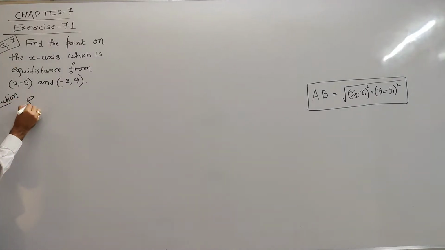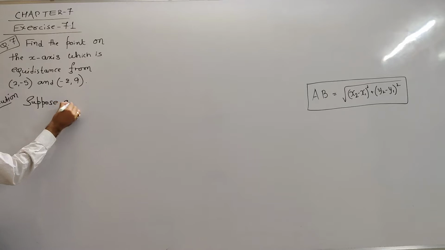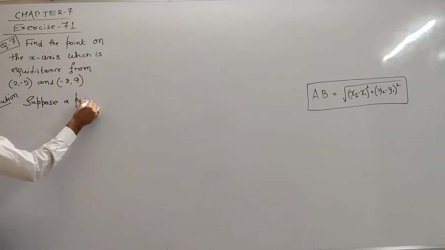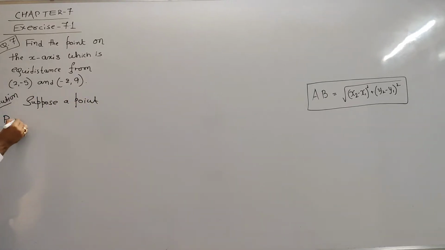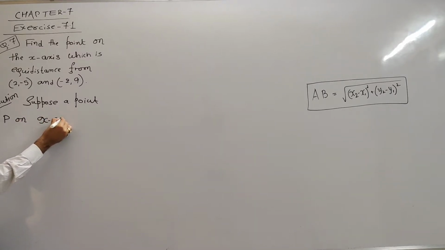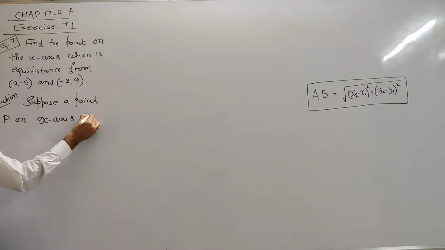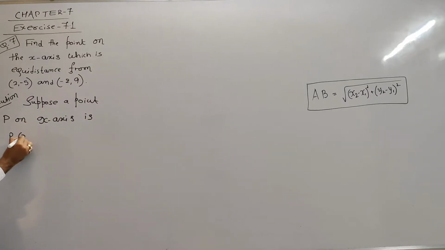So suppose a point P on the x-axis is (x, 0), because for a point on the x-axis the y coordinate is always 0.